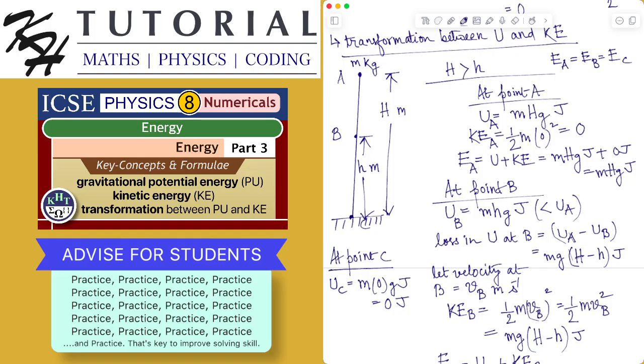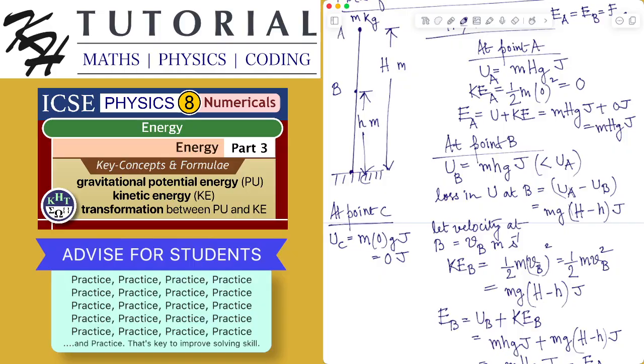So at the point C, when the body reaches the ground, it lost all the gravitational potential energy. Now from the law of conservation of energy, definitely all the gravitational potential energy which the body was having at the position A has now been converted into kinetic energy.